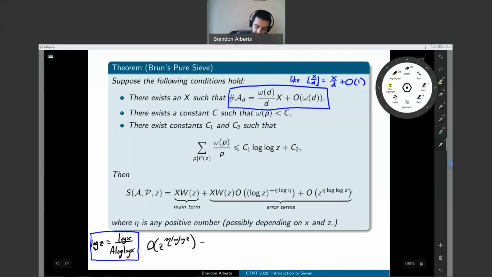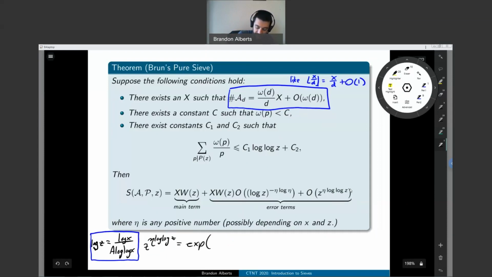Before I plug it in, let's just erase all the big O's and write everything individually.